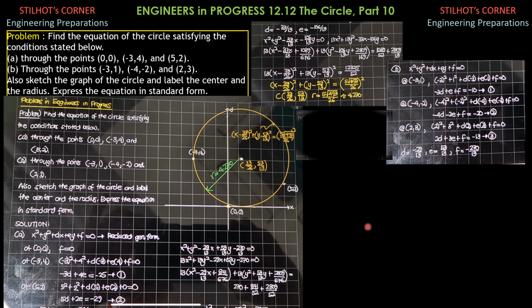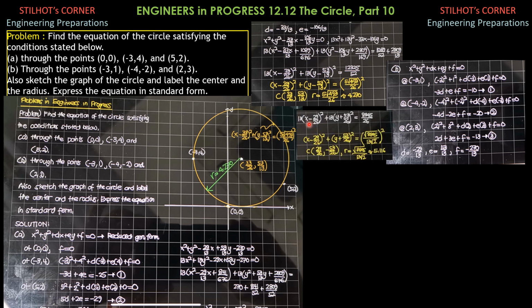Simplifying further, so 13 times quantity x minus 29 over 26 squared plus 13 times quantity y plus 53 over 26 squared equals 8845 over 26.